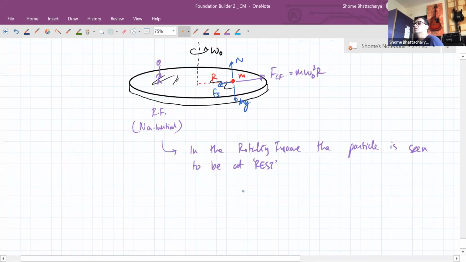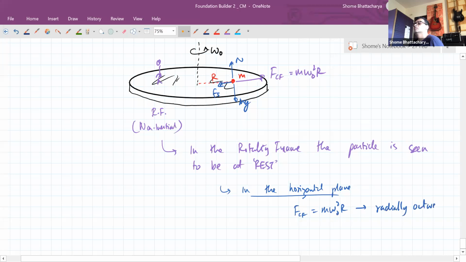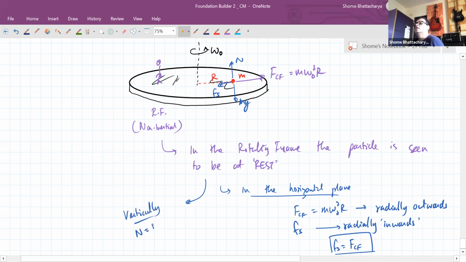So here what happens is, in the horizontal plane, centrifugal force of m omega naught square r acts radially outwards, and friction radially inwards, and they balance each other. In magnitude, they are the same. And in the vertical plane, normal reaction and mg balance each other.